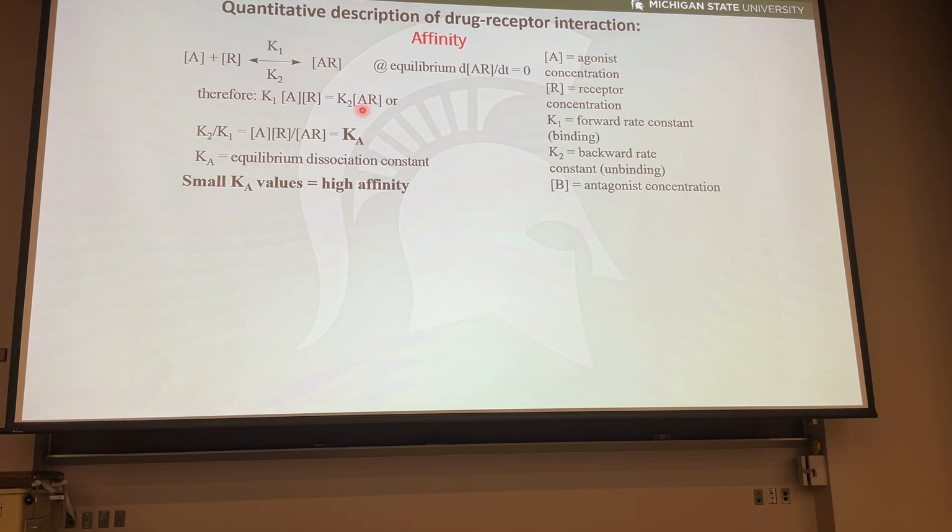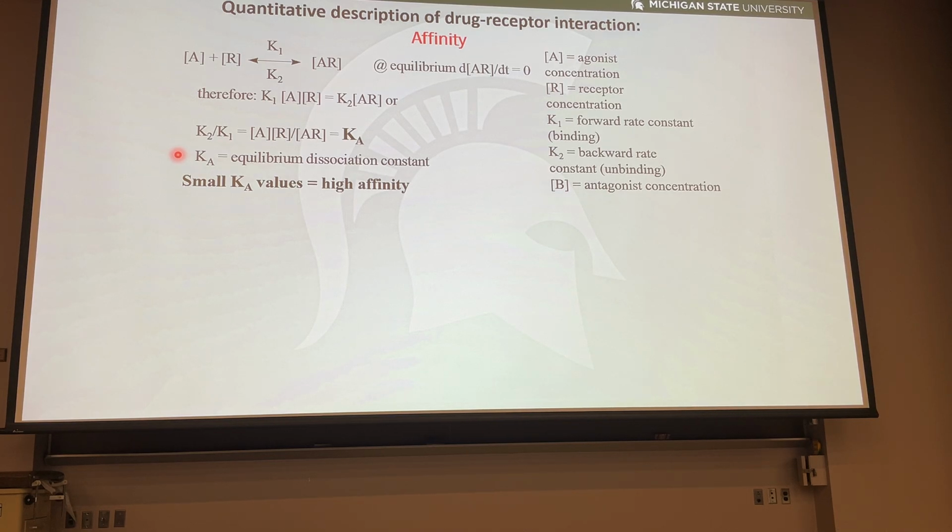All right? This can be further rearranged by putting the rate constants together and then the components together. All of this can be then summed up by another constant called our equilibrium dissociation constant, which is called Ka. All right? All of what I just said, you can just remember Ka is our equilibrium dissociation constant for this system.